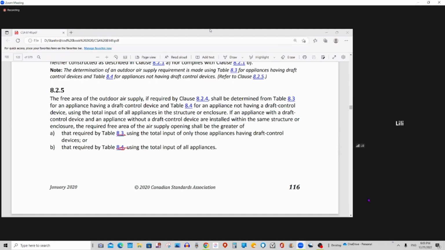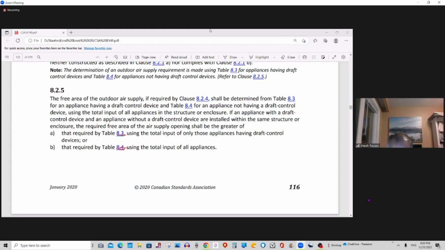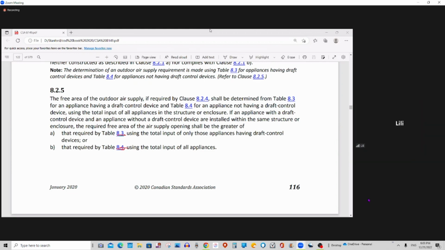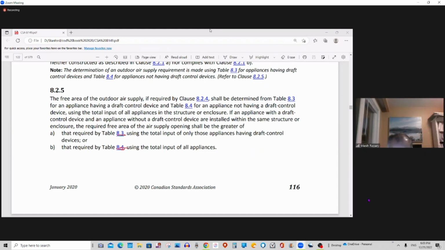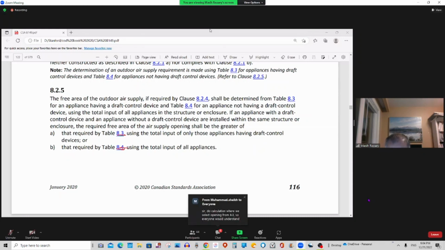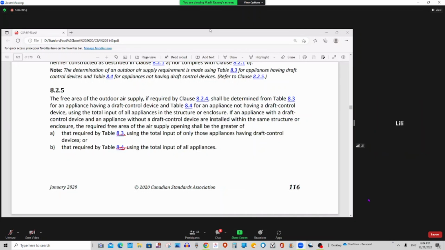How can we calculate the opening for combustion air? First, we come to table 8.3. Why 8.3? Because it's regarding a loose house. We add all those draft control appliances together and look at this table. Then we go to table 8.4. Add them all, with draft control and without draft control together, and check it with this table. Okay? Yes. Good. Thank you.